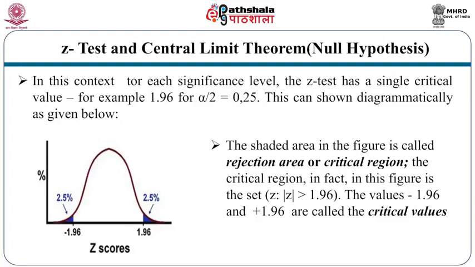Now you see in this slide, I have shown a small graph. On the left side there is a shaded region, and on the right side there is a shaded region. There is minus 1.96 and plus 1.96 written, and the shaded regions say 2.5% on this side, 2.5% on that side.